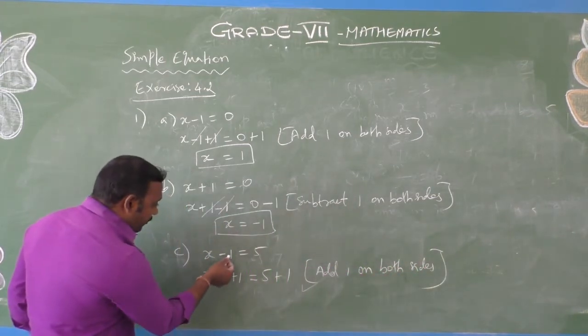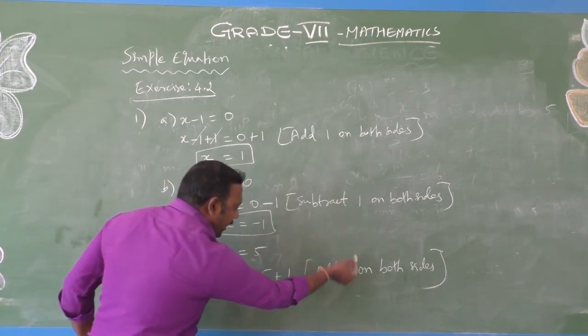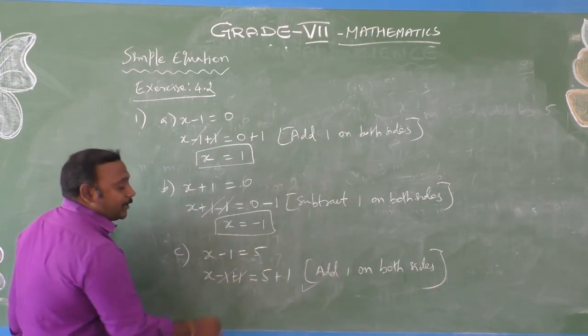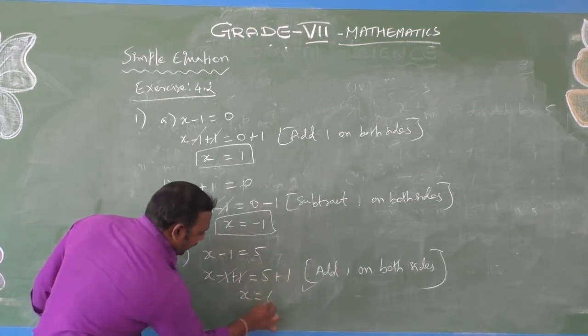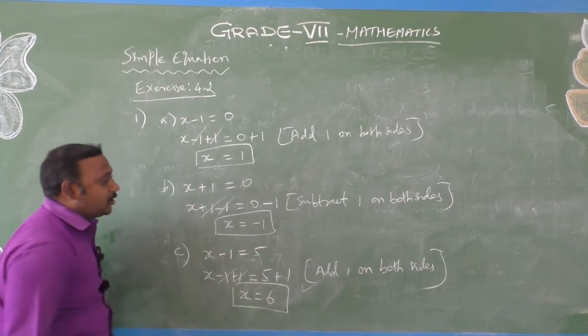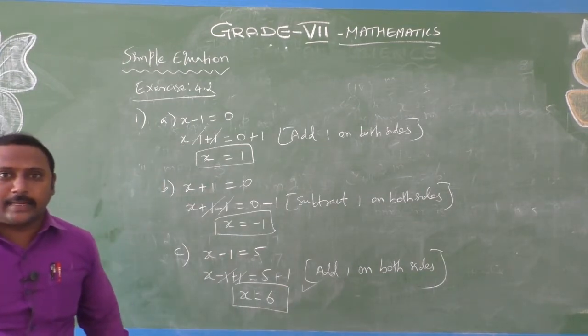Now plus 1 and minus 1 will be cancelled. So x is equal to, what is the value of 5 plus 1? 5 plus 1 is equal to 6. So x is equal to 6 is the answer. Are you clear?